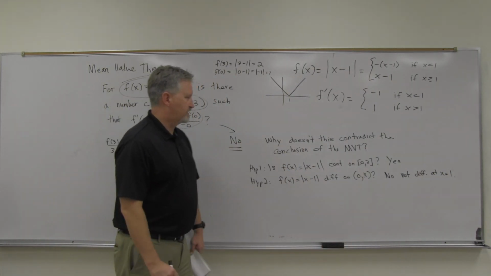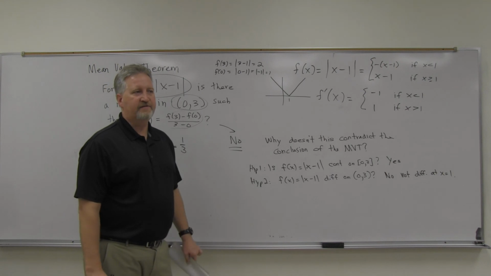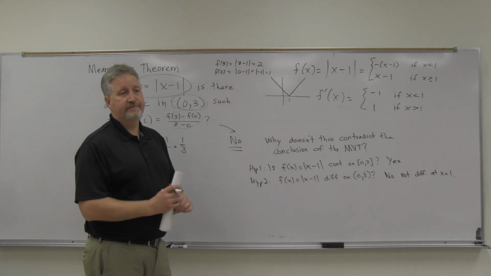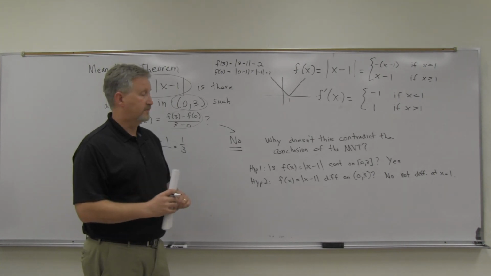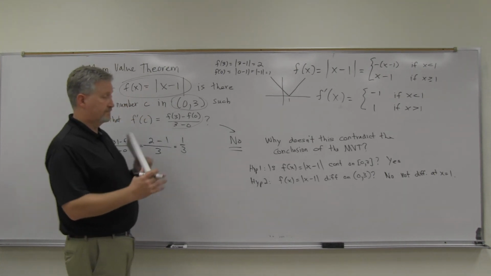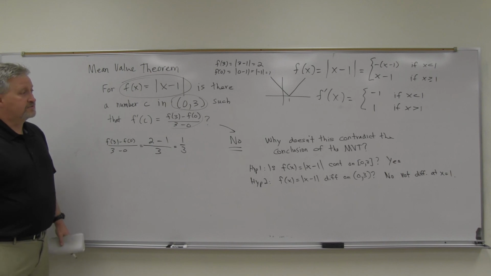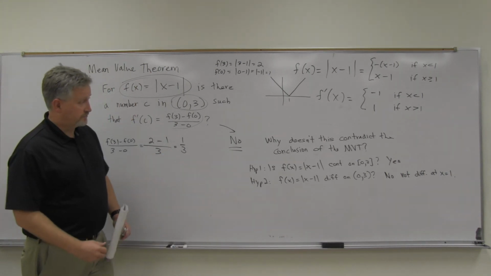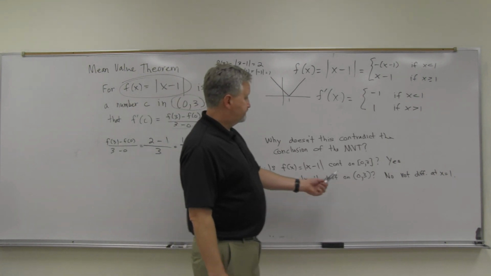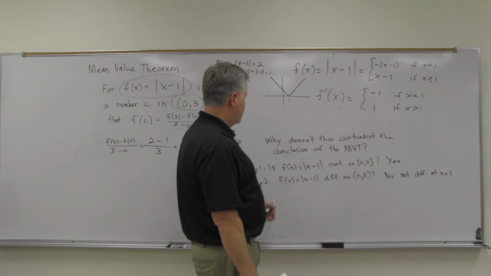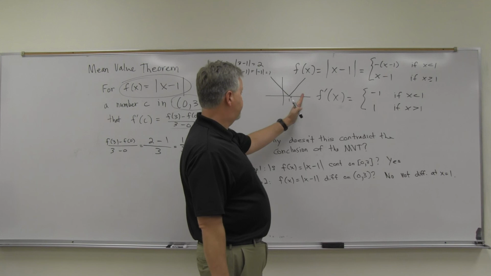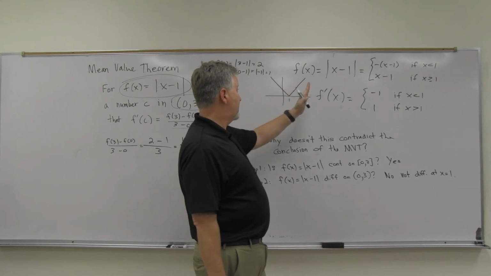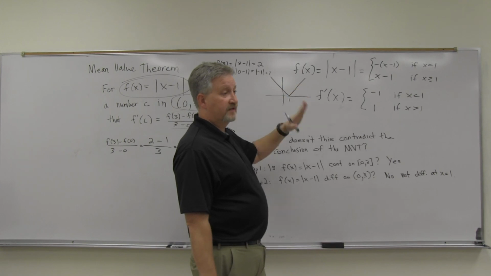So that's why it doesn't contradict. Why doesn't this contradict the conclusion? Because the second hypothesis isn't satisfied, and so you won't have that conclusion as a valid conclusion for that particular function on that particular interval. Now, if we had chosen an interval that did not contain 1, we'd be okay, because everywhere else it's differentiable and continuous, except at 1.